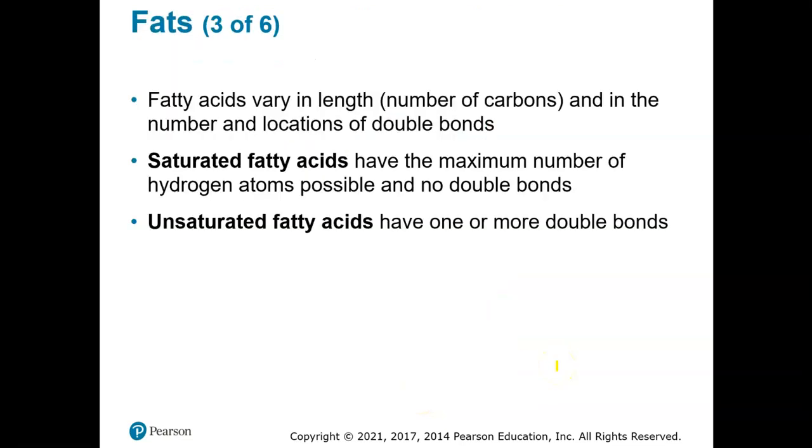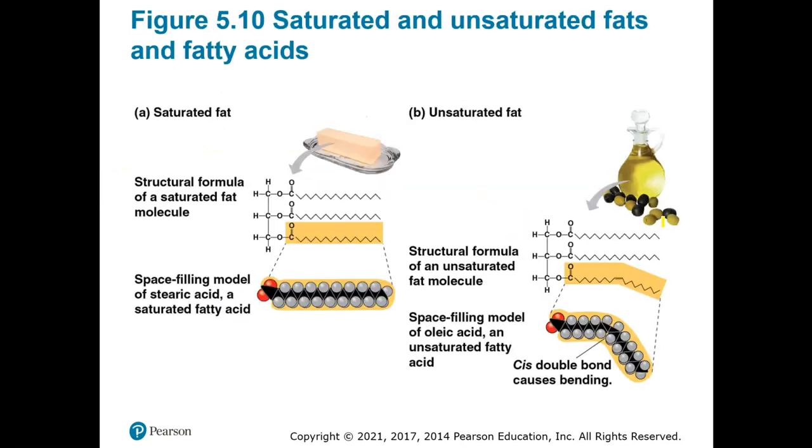And triglycerides can come in liquid or solid at room temperature. If they are solid, then they consist of saturated fatty acids, which have no double bonds between their carbon atoms. In that hydrocarbon chain, there's no double bonds. But if it's unsaturated, it has at least one, or it can be more, double bonds between carbon atoms.